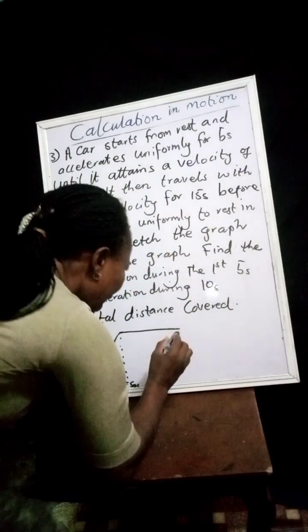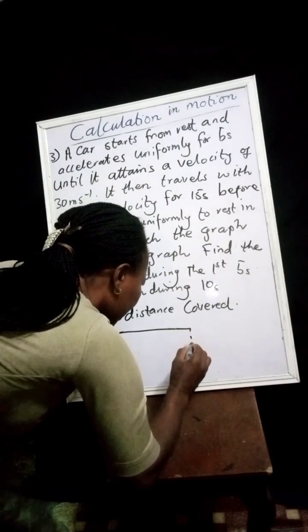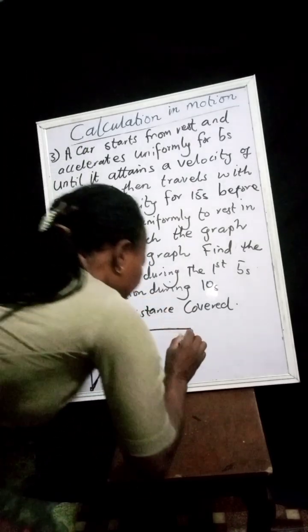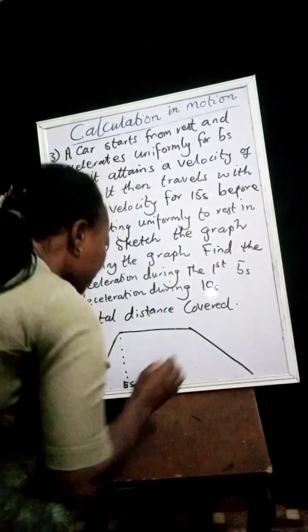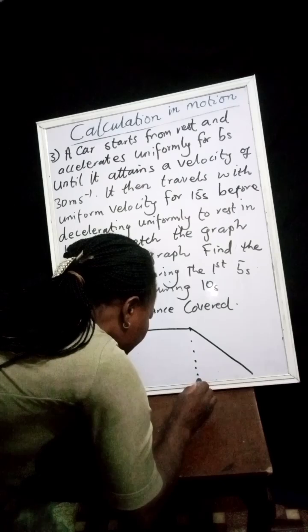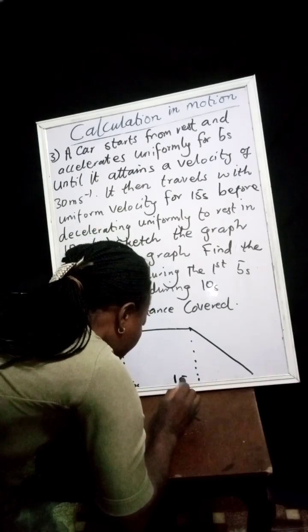Let's assume it has covered 15 seconds, then before decelerating, then it decelerated. Can you see? So it means that from here is 15 seconds.